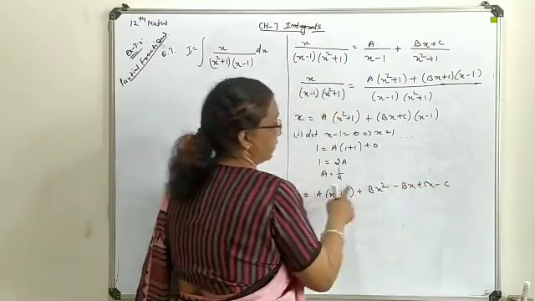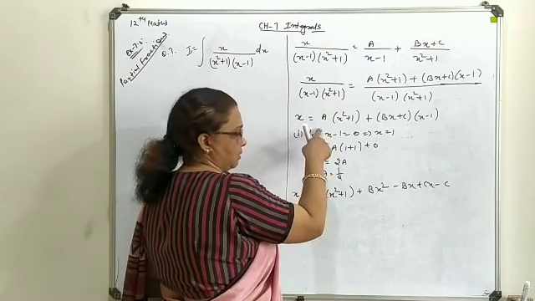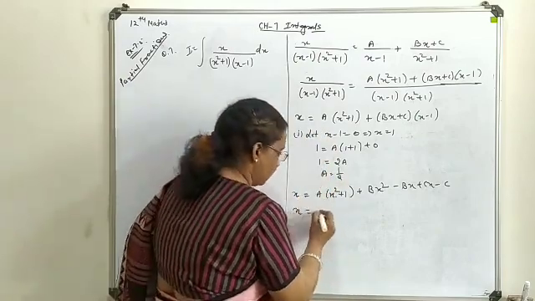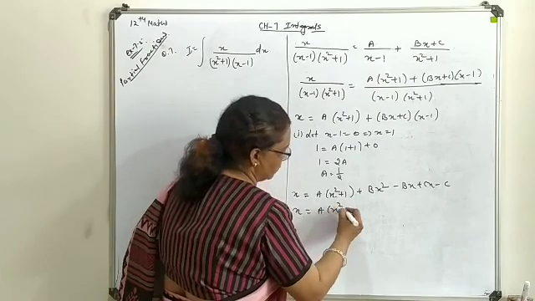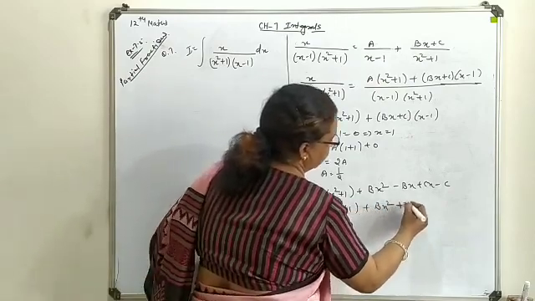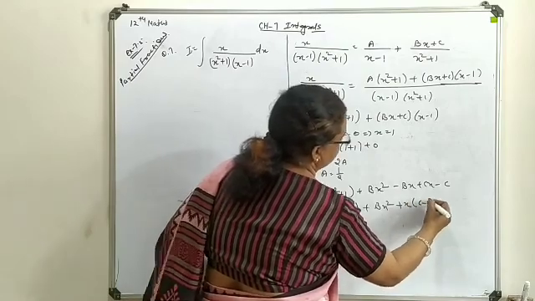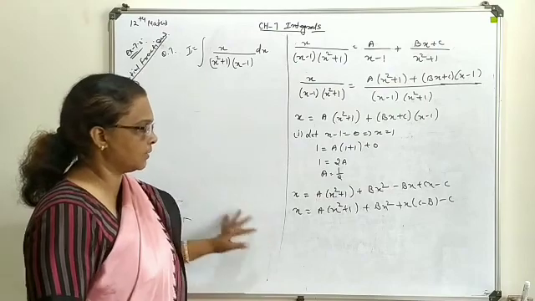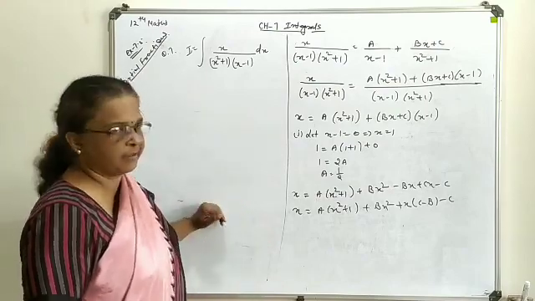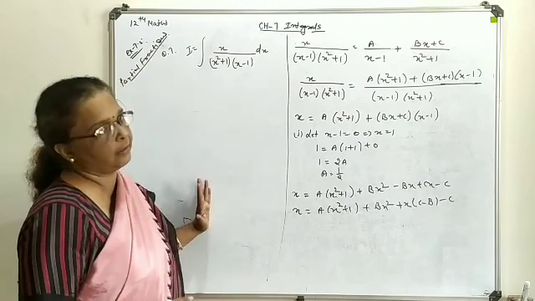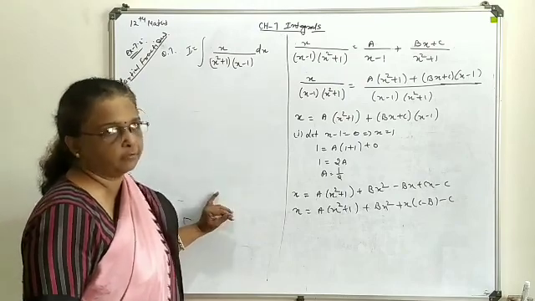Just for your reference I am writing separately, otherwise here also you can write, or without writing also you can go for comparison. bx square. Here if you make x common, this is c minus b, and this is your constant term. Now here you can see the coefficient of x square we can compare, the coefficient of x we can compare, and the constant term on both sides you can compare.